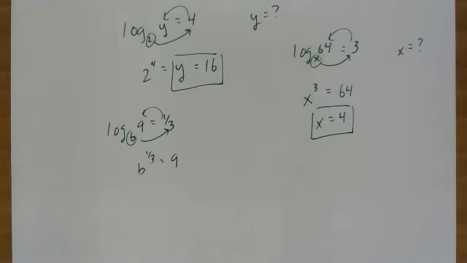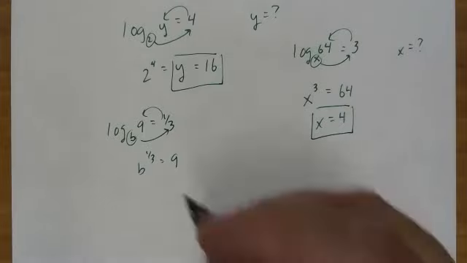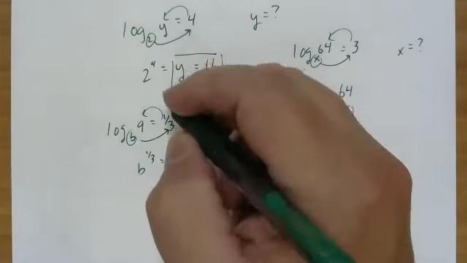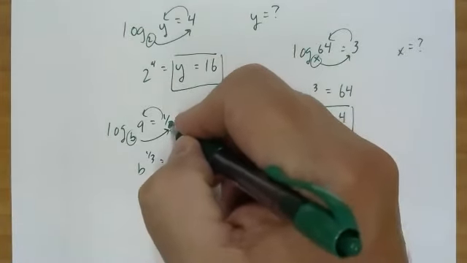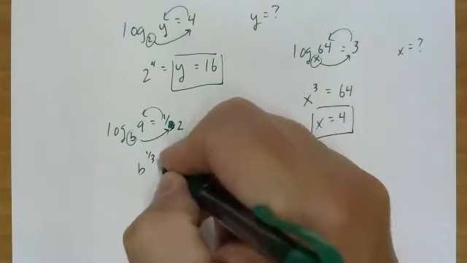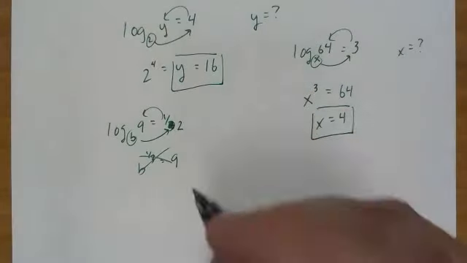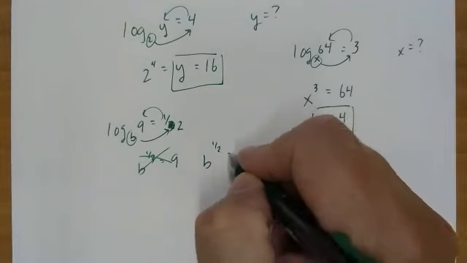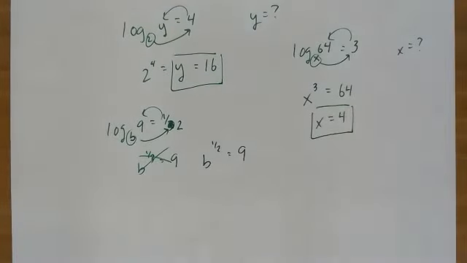Although this actually is not a very nice problem. I think maybe I may have written it down wrong. Let me change this on the fly. Sorry. Let's instead make this 1/2. So b to the 1/2 equals 9.